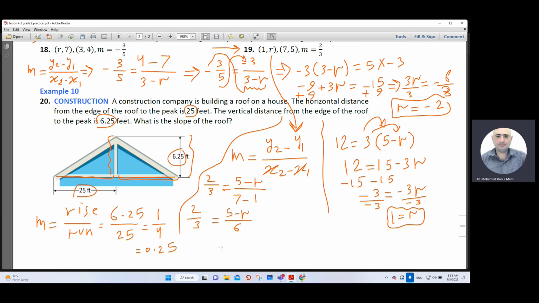If you divide 6.25 by 25, you will get 0.25. Or if you do simplest form, if you divide up and down by 25, here, 625 over 100. What the meaning of 6.25? Means 625 over 100, and down you have 25.